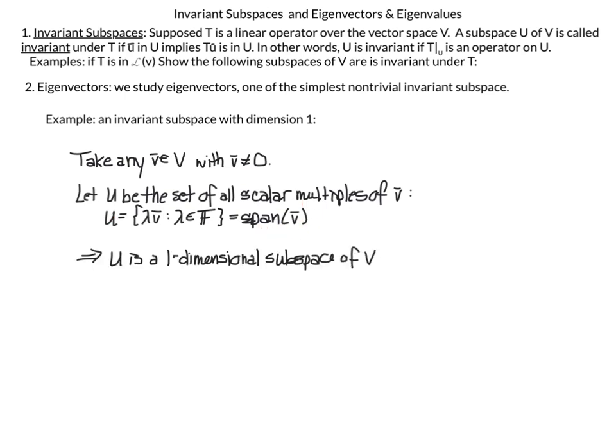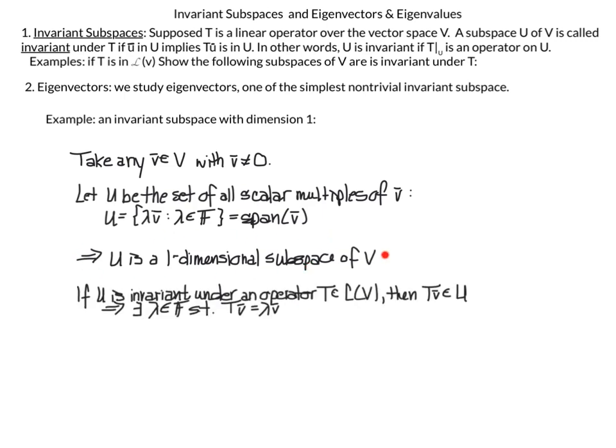Since U is spanned by a single vector, which is also linearly independent because it's only one vector, that means U is a subspace with one basis vector v, so it's a one-dimensional subspace of V. Now that we've established U as our one-dimensional subspace, if we further want to put the requirement that U is invariant under the operator T, then Tv must be in U. That is, Tv must be equal to a scalar multiple of v, because that's how we defined U. That is the space of scalar multiples of v.